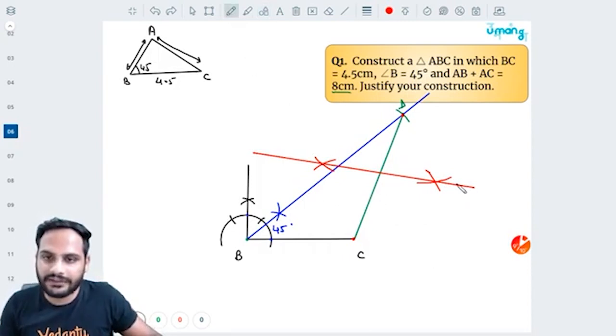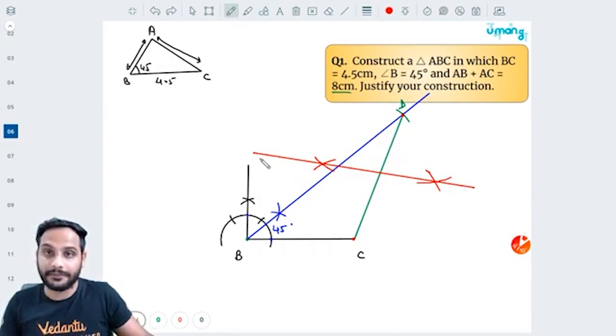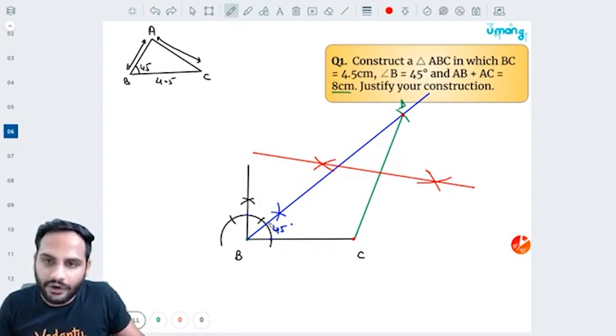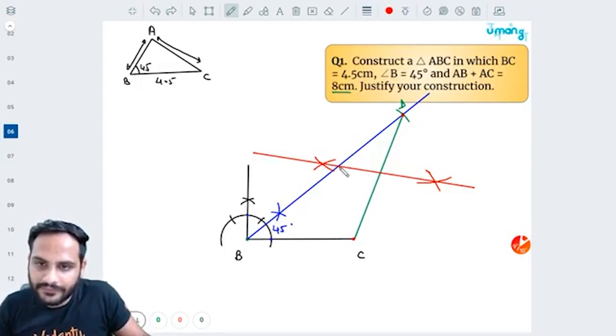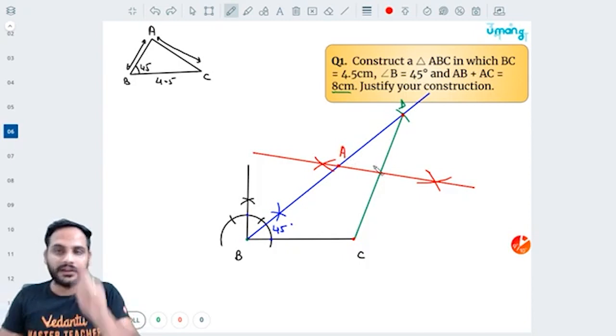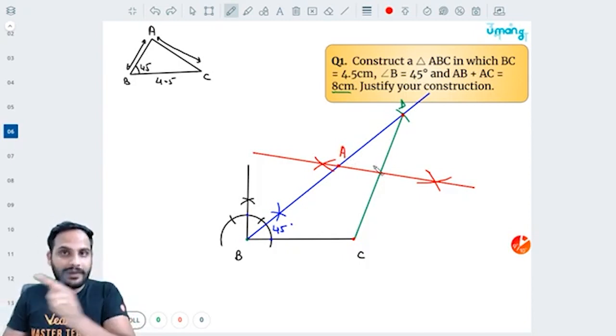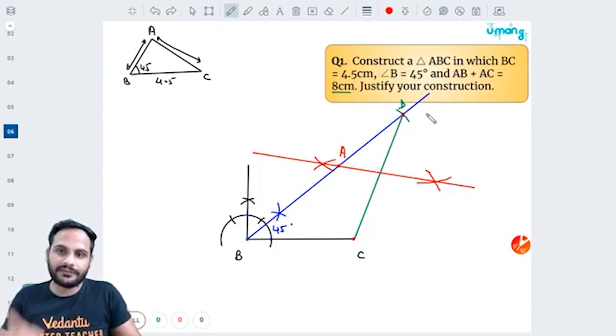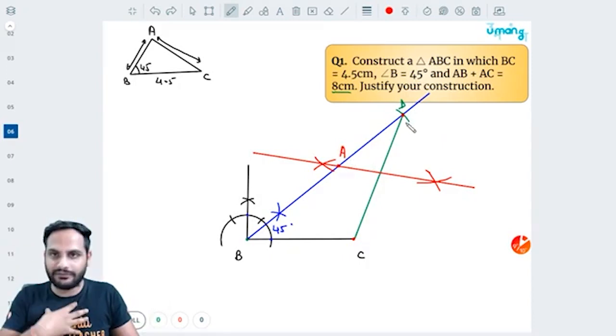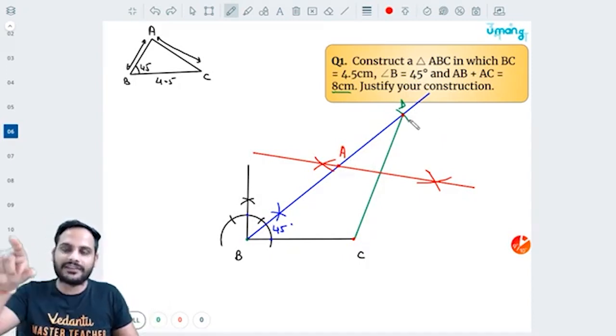Now, wherever this perpendicular bisector of CD intersects the original blue line BD, mark that as your third vertex A. So after drawing the perpendicular bisector, you get the third vertex. This point D is not the vertex of the triangle we want. This point D is the sum of the sides. Then we have drawn CD.